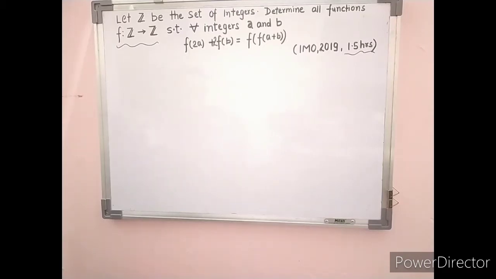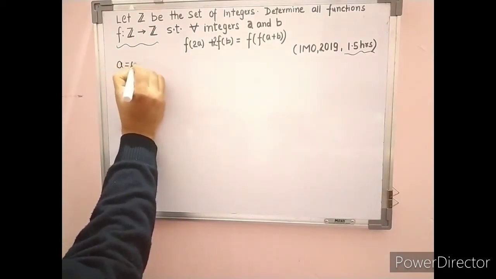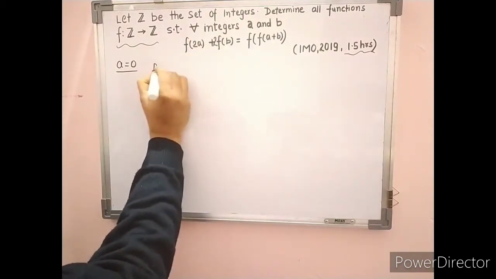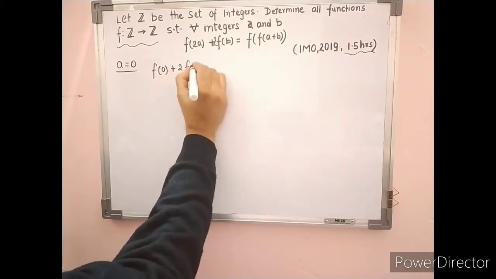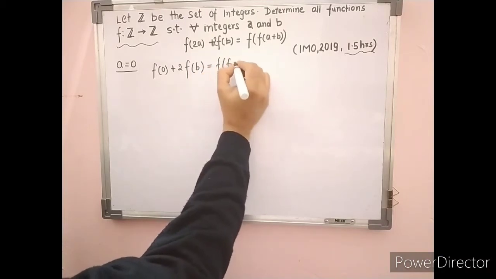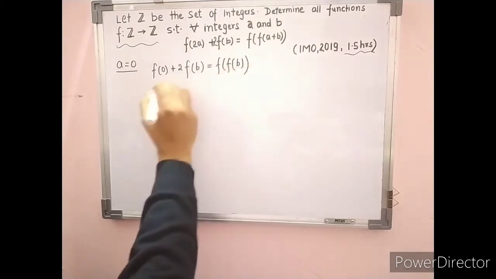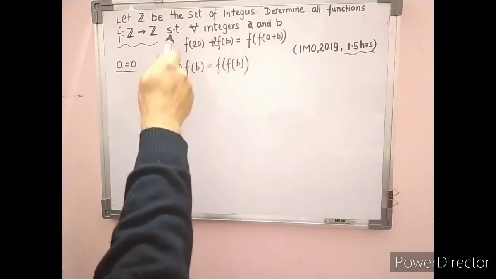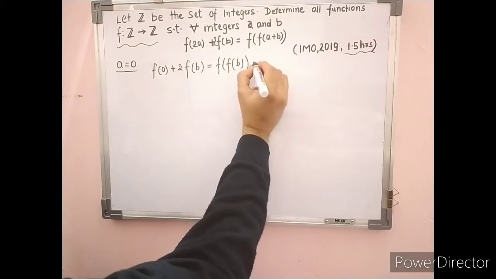Okay, so let us start by taking a = 0 in this particular equation. What we get is f(0) + 2f(b) = f(0 + b), that means it is f(b). What we did is we substituted a = 0 in this functional equation. So this is equation number 1.